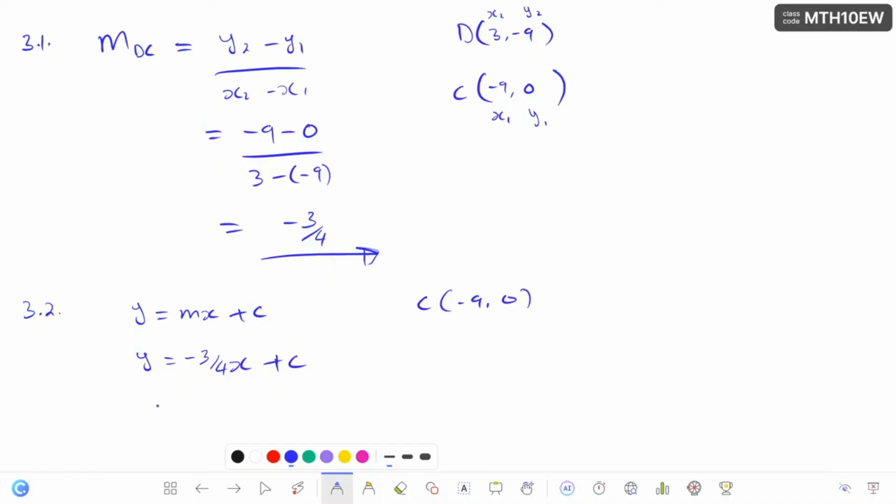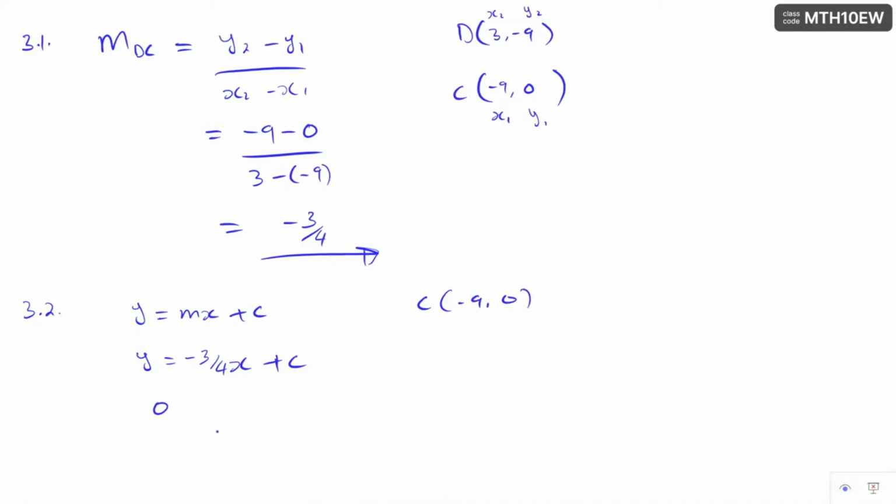So it's going to be 0 is equal to -3 over 4 times -9 plus c. So when we use a calculator, -3 over 4 times -9, we find our answer to be 27 over 4 plus c.